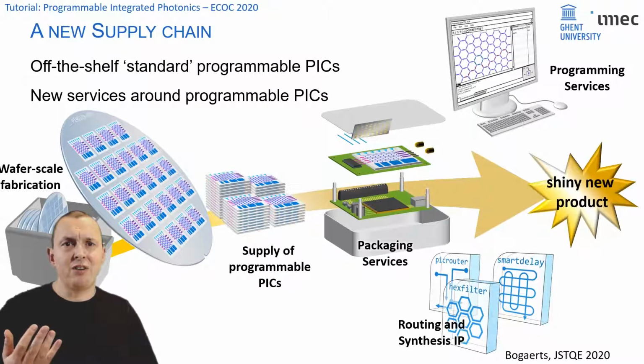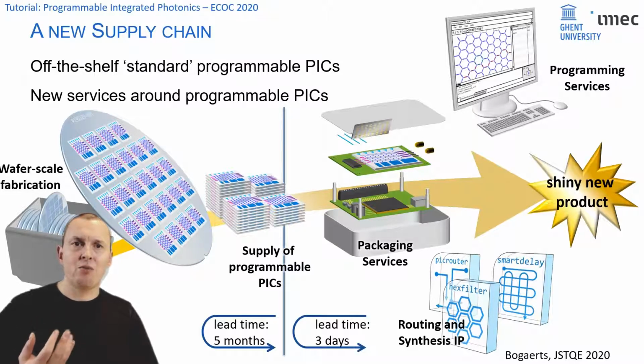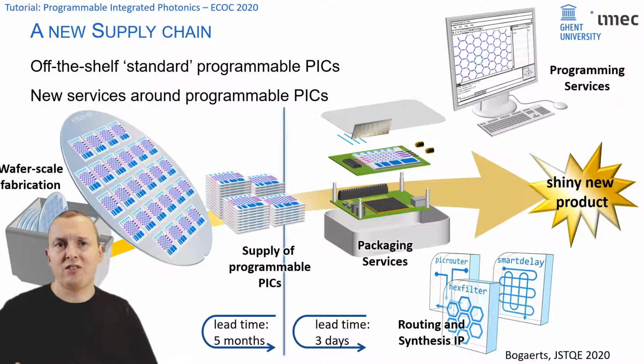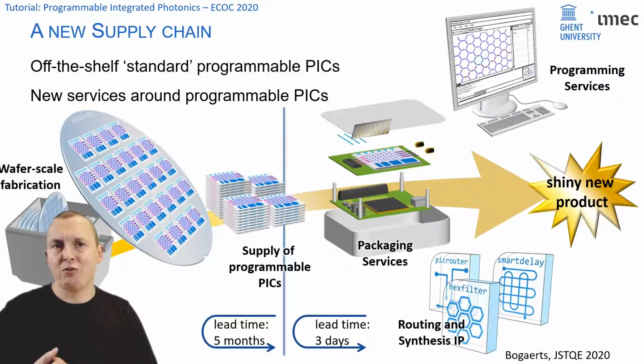If your development time essentially from wafer to chip is typically on the order of 6 months to a year if you have to make a new chip, the programmable photonics chips cut this supply chain in half. And the expensive wafer fabrication, which takes a lot of time, can be done up front. So if you rely on off-the-shelf programmable photonic chips, your lead time for starting to develop a new application is shortened with many, many months, and a lot of costs are being eliminated.